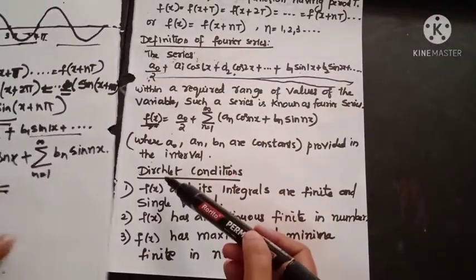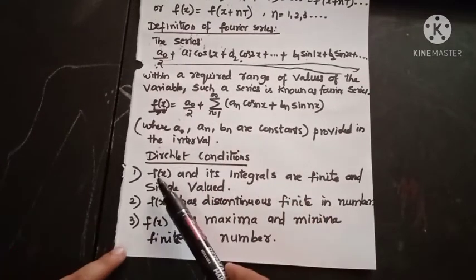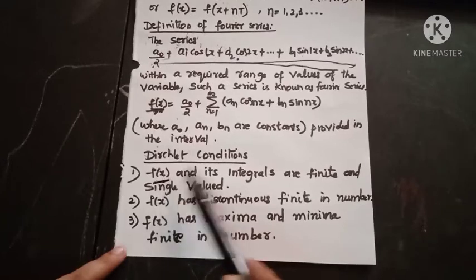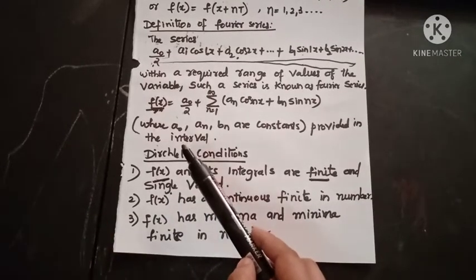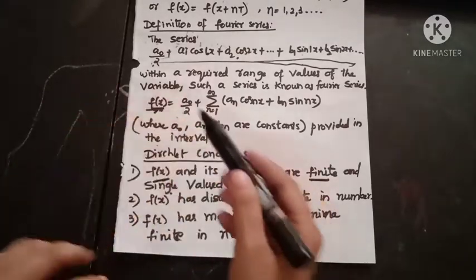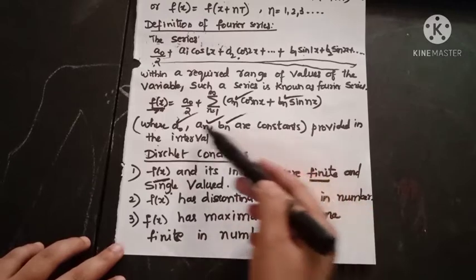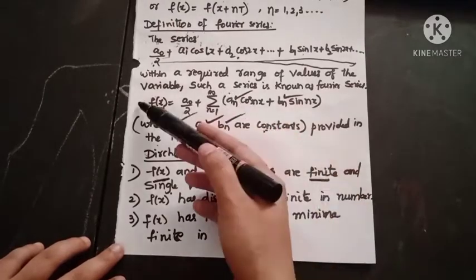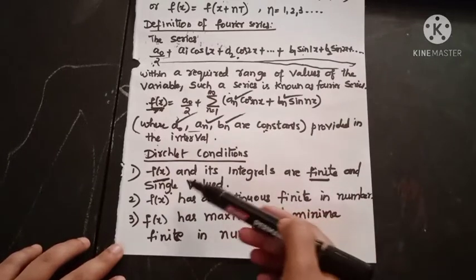Then what are the Dirichlet conditions? The conditions are that f of x is finite and single valued, and a naught, a n, b n are all constants that can be determined and substituted, so that the value of f of x is finite and single valued.